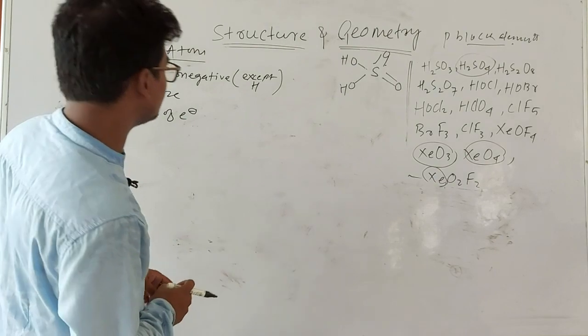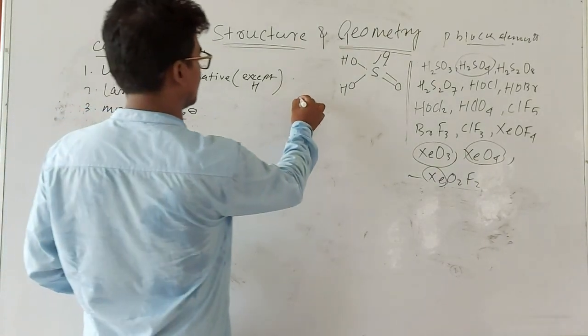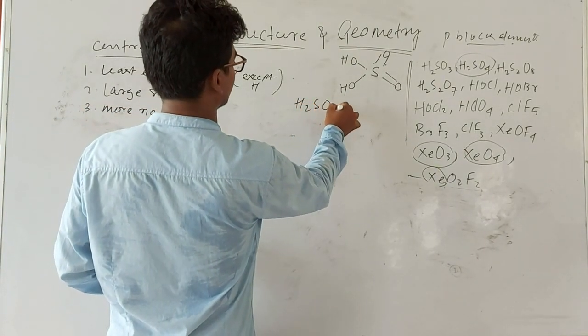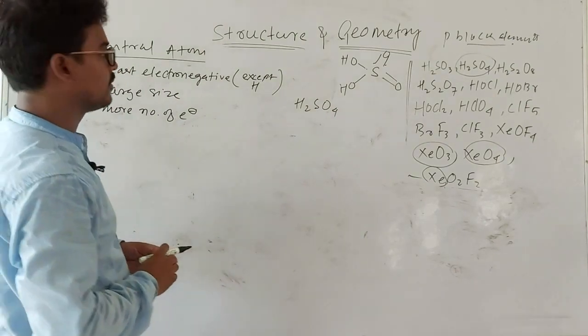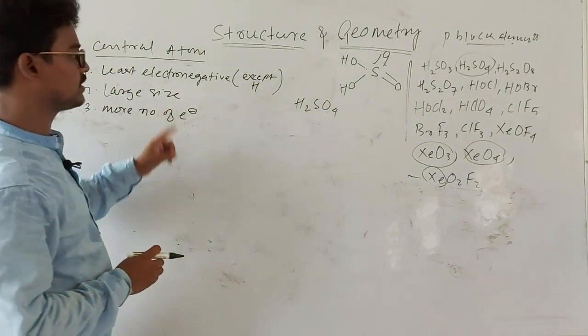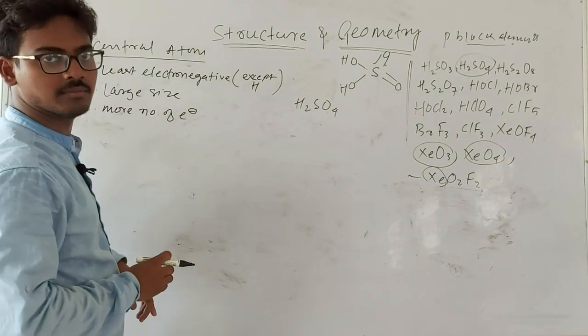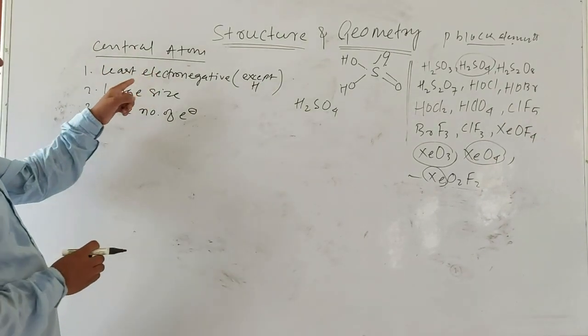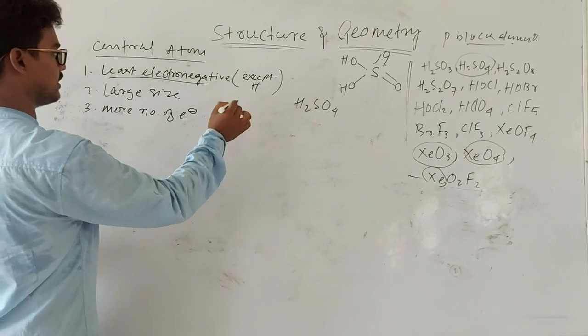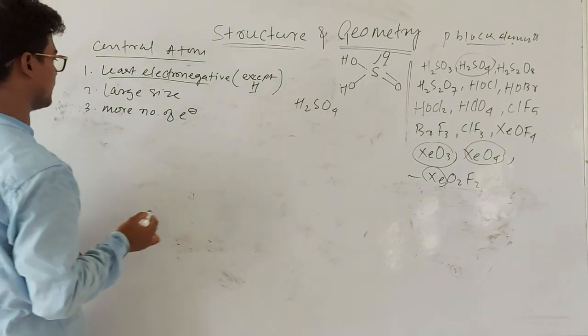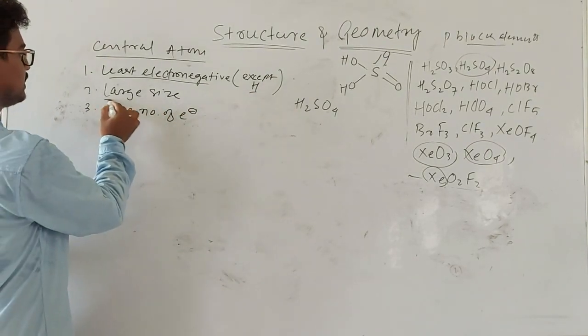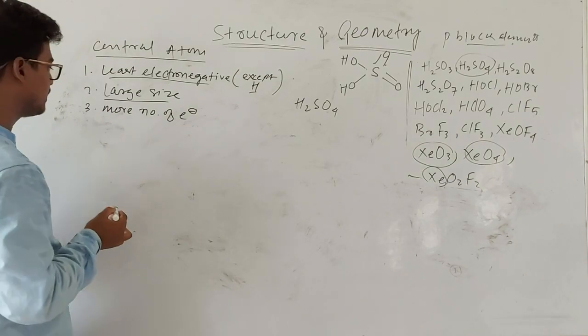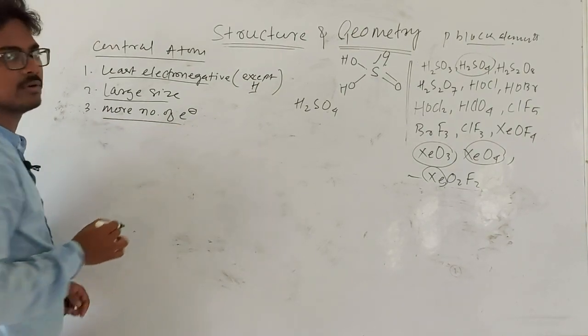Okay, so for any structure, let's take H2SO4. For H2SO4 we have to choose the central atom. This is the criteria for choosing the central atom. The first one is that it should be least electronegative, except hydrogen. It should also have a large size and contain more electrons.